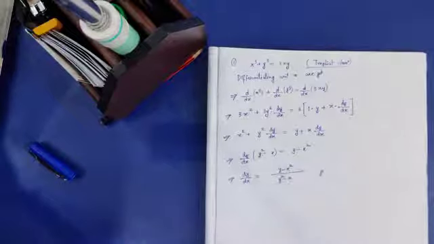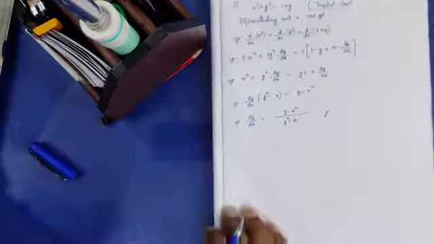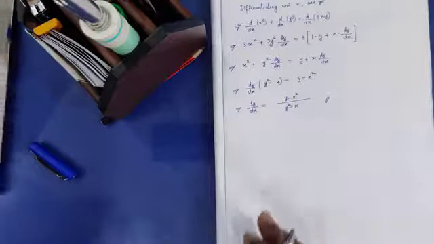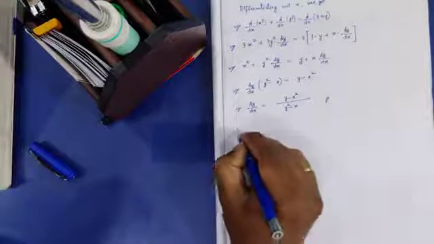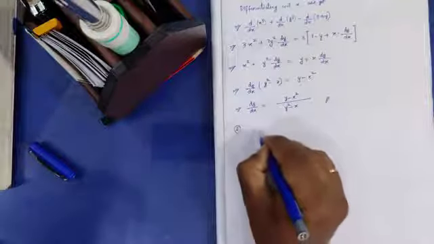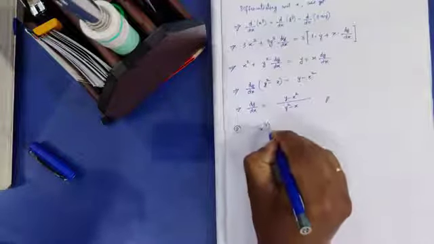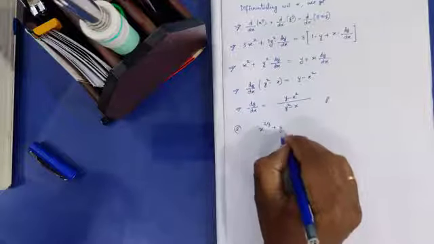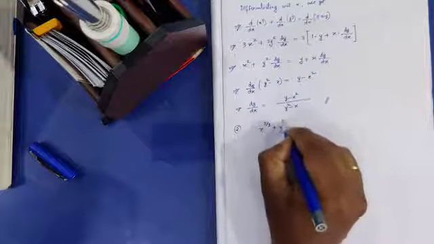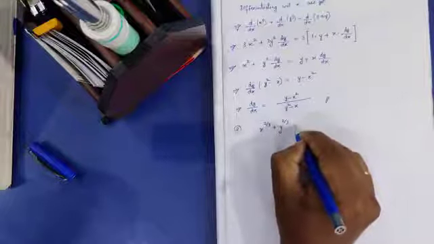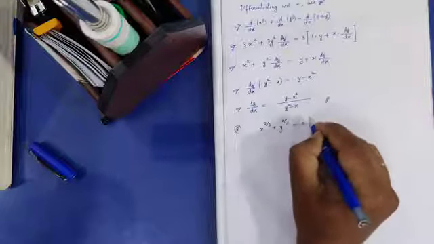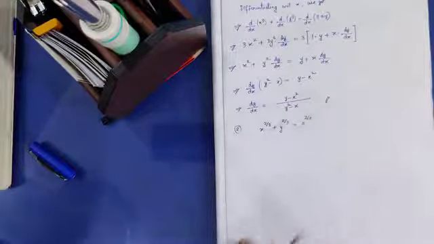That was an example of the derivative of an implicit function. Now move on to the second example, number 2: x to the power 2 by 3 plus y to the power 2 by 3 is equal to a to the power 2 by 3.